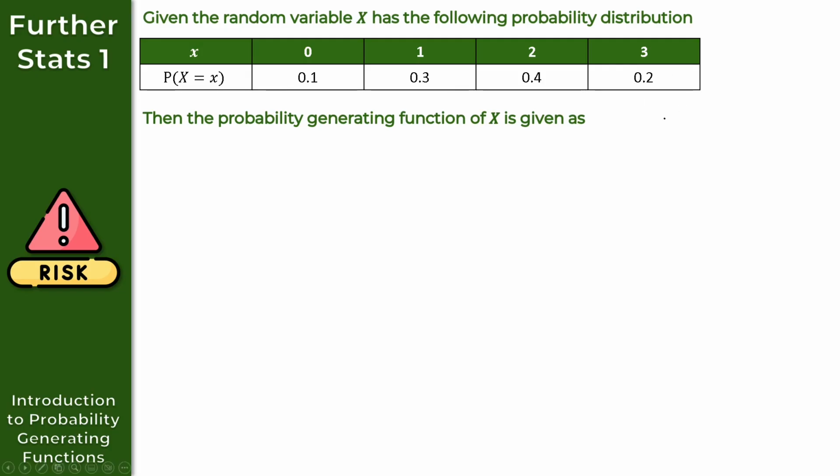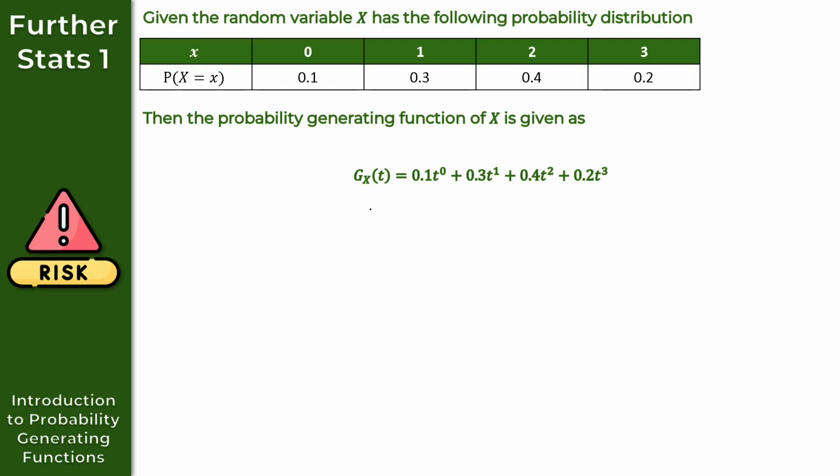Well, in that case, the probability generating function of our random variable x is given as follows. So we've got g of x in terms of t. Now, the g, don't forget, just represents a probability generating function. The subscript x just represents our random variable x. If this was y, for example, the random variable y, this would be g of y in terms of t.